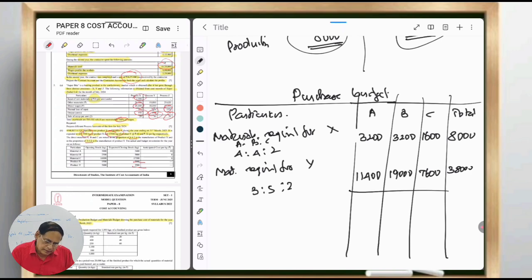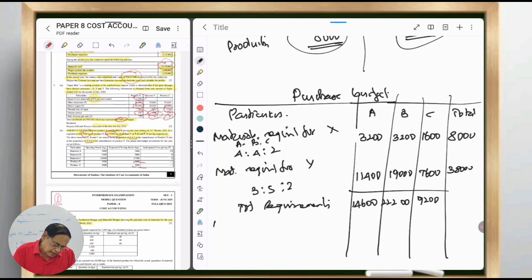So this is the total requirement: 3,200 plus 11,400 is 14,600, 3,200 plus 19,000 is 22,200, and 1,600 plus 7,600 is 9,200.